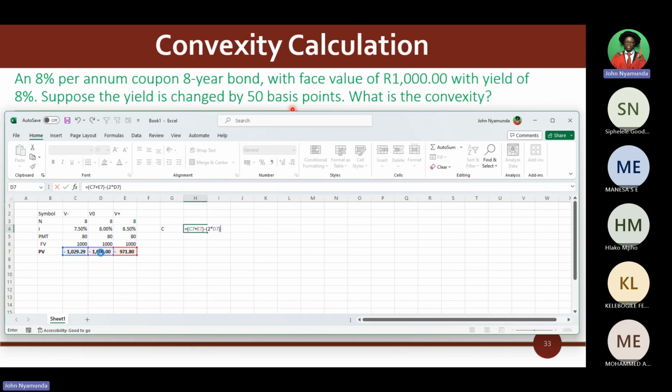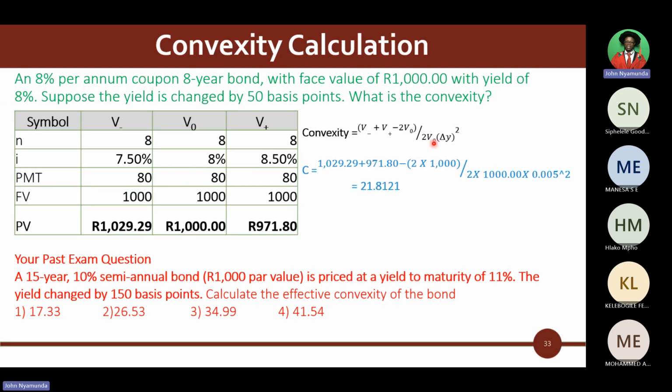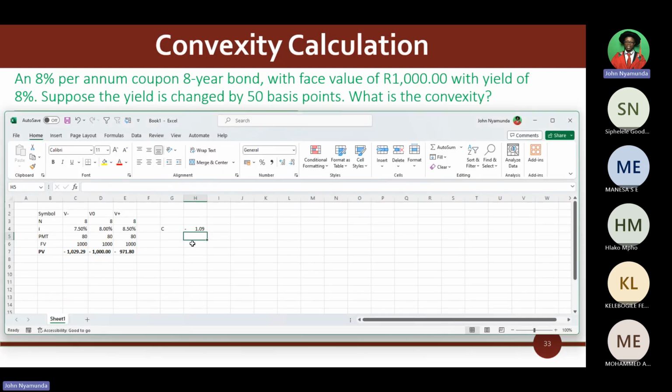That's our numerator because we are trying to be lazy nicely. Our denominator formula is 2 V naught times the change in yield squared. So this is our numerator, and our denominator is 2 times V naught.